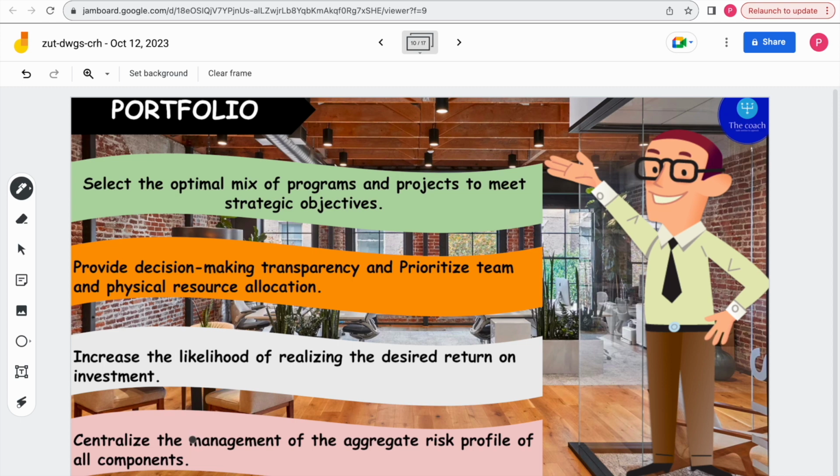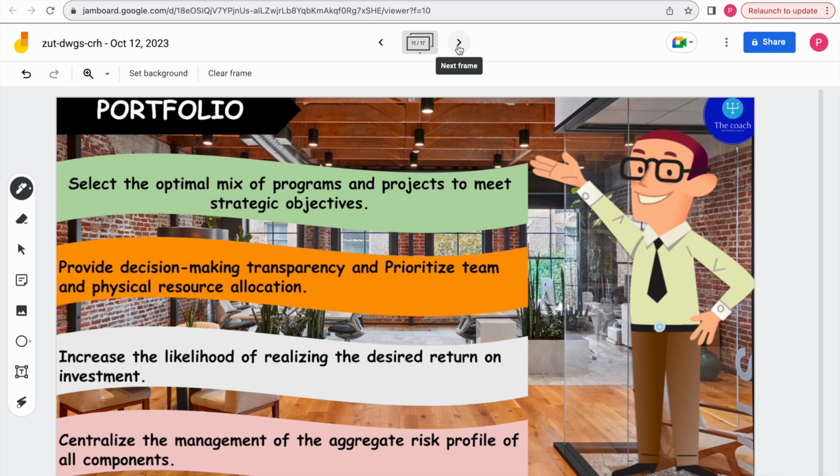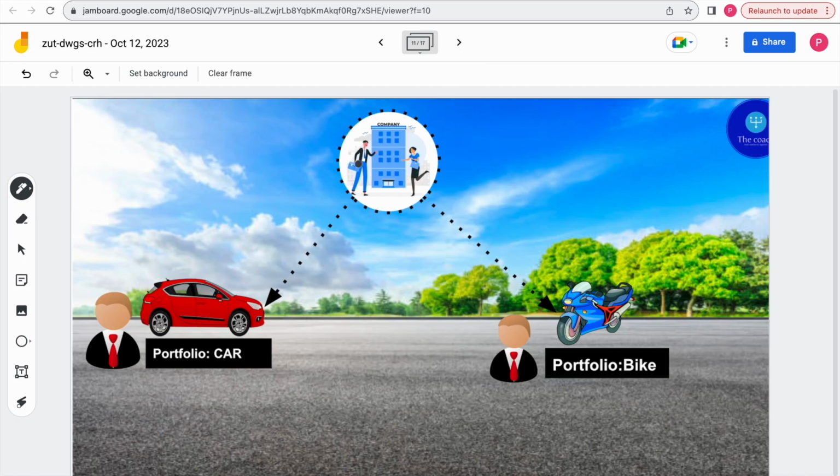So that is portfolio. Now that you understand the basic difference between program, portfolio and project, let's understand all this with a simple example. Let's say you have a company, and this company is an automobile company.